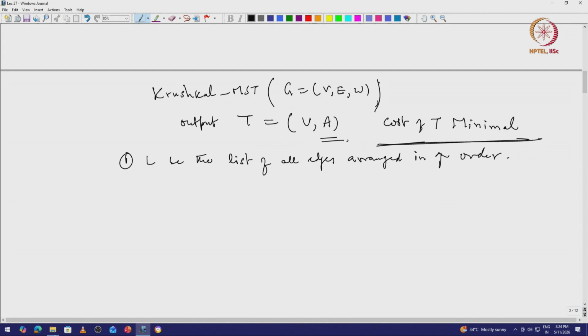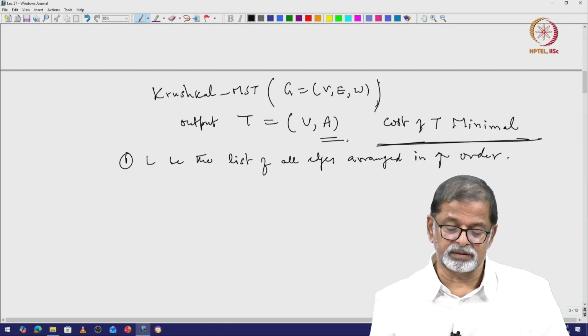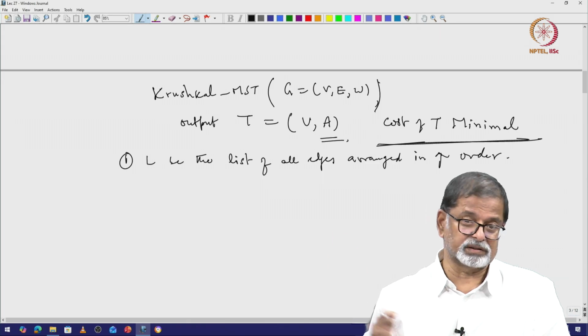Arrange them in the increasing order. Let L be the list of all edges arranged in the increasing order.